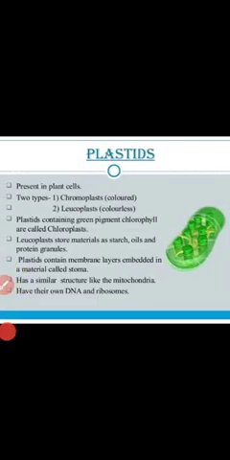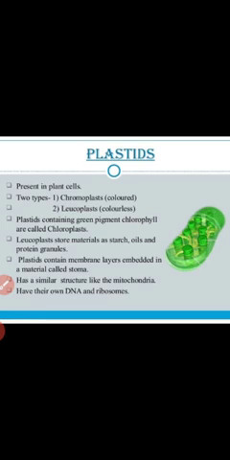Now one more thing: plastid contains membrane layers embedded in a material called stroma, has a similar structure to the mitochondria, and has its own DNA and ribosomes. A very important question which is asked many times in the paper: name two autonomous cell organelles.